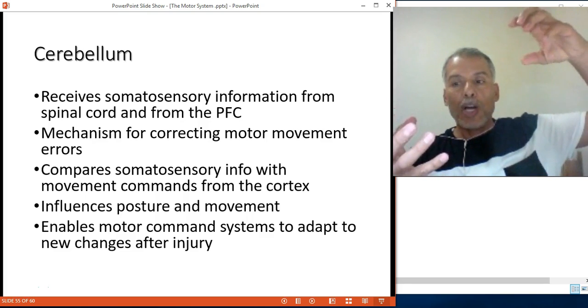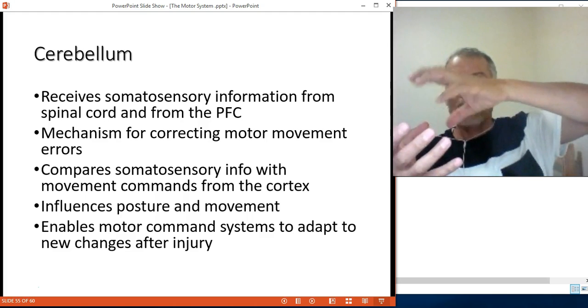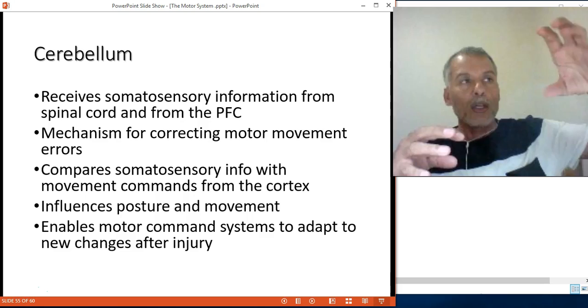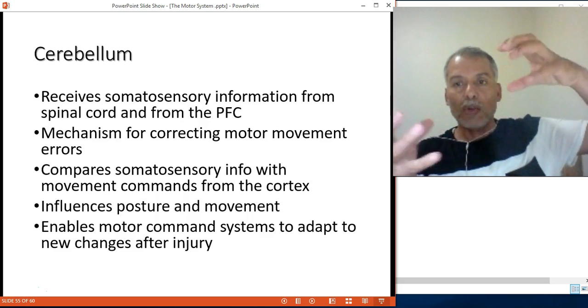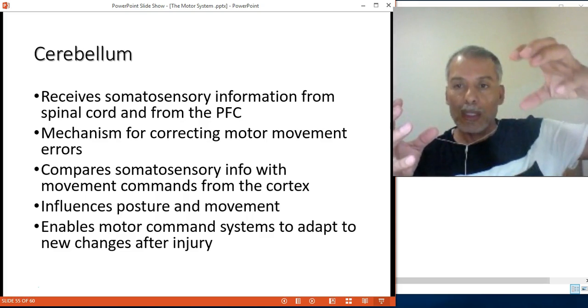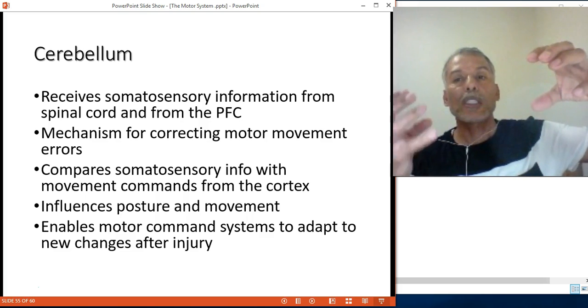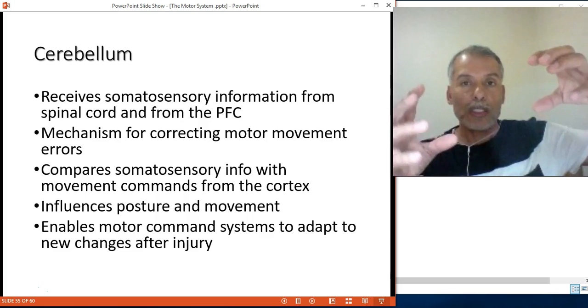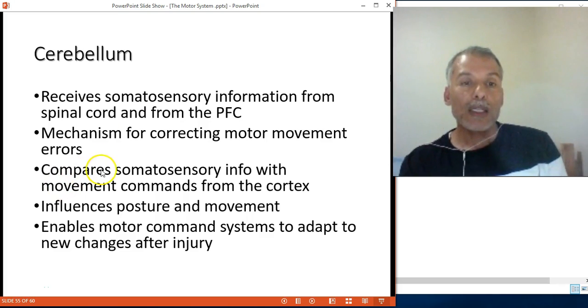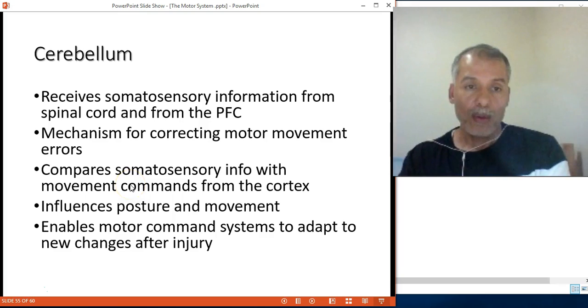And my job is to report, to see what they are doing and match what they are doing to the intention, and see if there is a discrepancy between what the prefrontal cortex wants and what these muscles and organs are doing. So again, it compares somatosensory input with the intention of the movement itself.